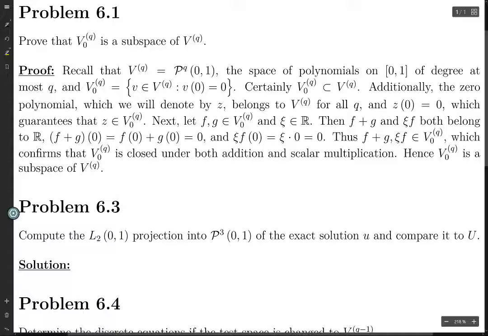Now we want closure under addition and scalar multiplication. So you take two functions f and g in V0Q and a xi in the real numbers. Then, obviously, f plus g and xi f are both going to belong to VQ, right?